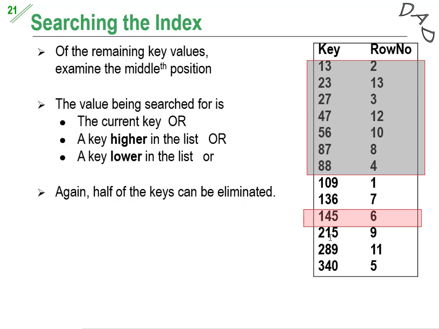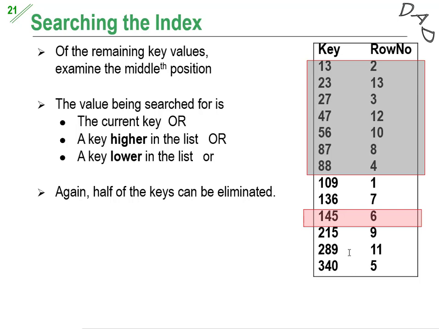So that means again I need not read the upper portion of the index, so I can ignore the upper portion. And then it takes only the lower portion of the index, and again it splits into two.